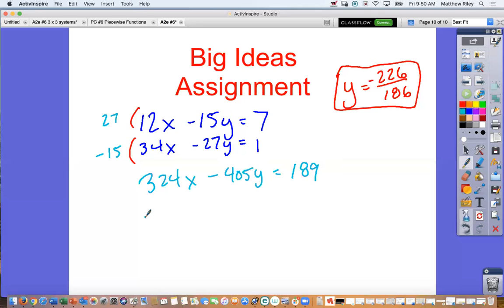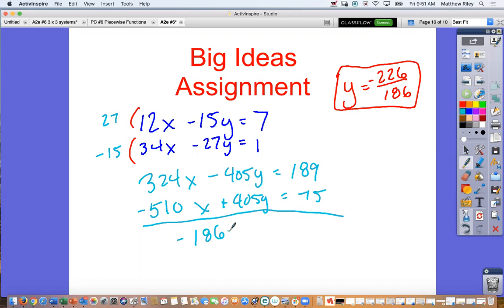Down here, we've got 15 times 34. And then that should be plus 405y. So I've got negative 186x equals 174. And you're finished.